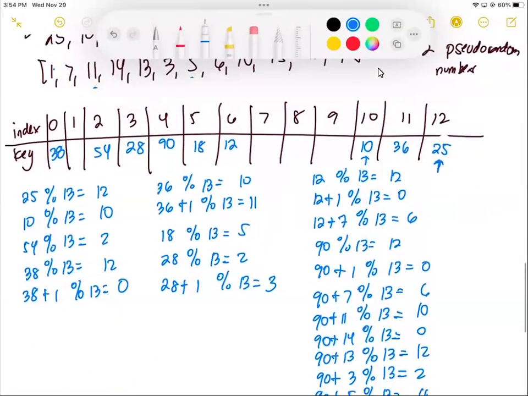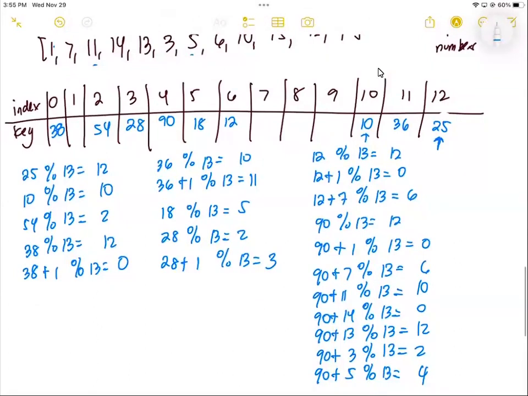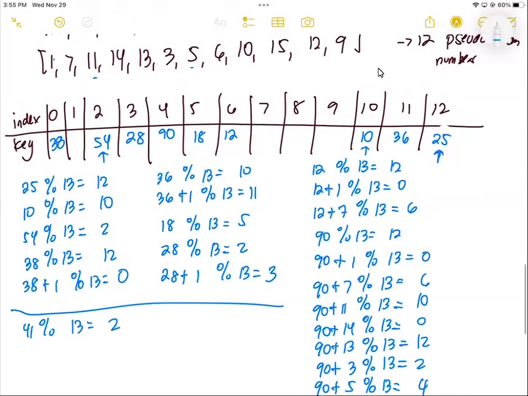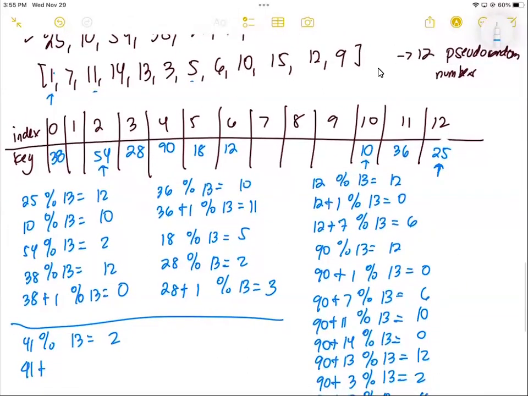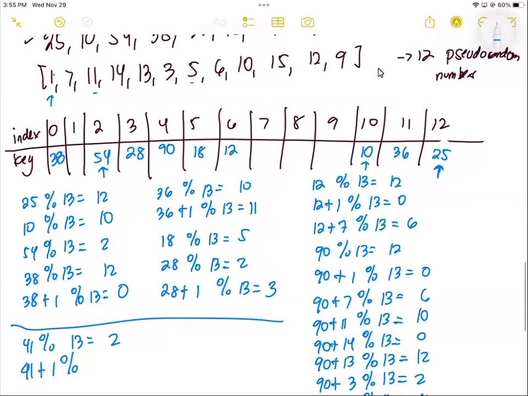So let's compute for 41. 41 modulo 13 is equal to 2, but then 2 already contains 54. So let's move on. 41 plus the first element in the pseudorandom number array, which is 1, modulo 13, is just 3.